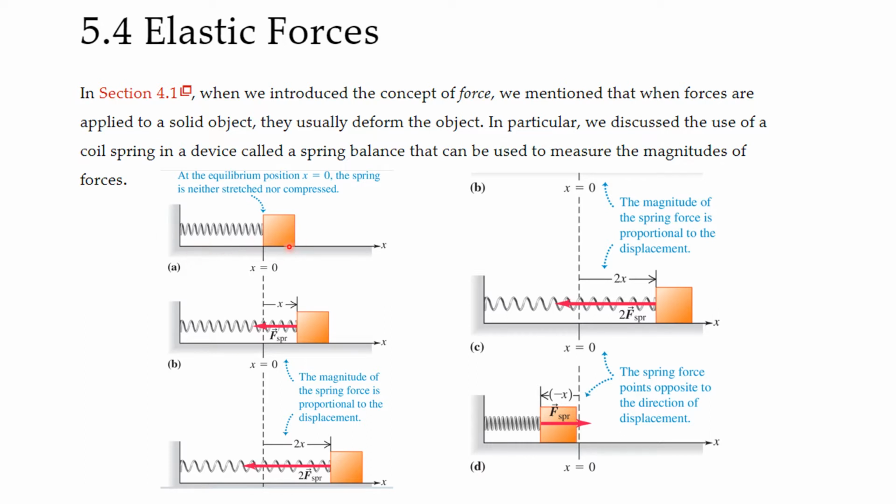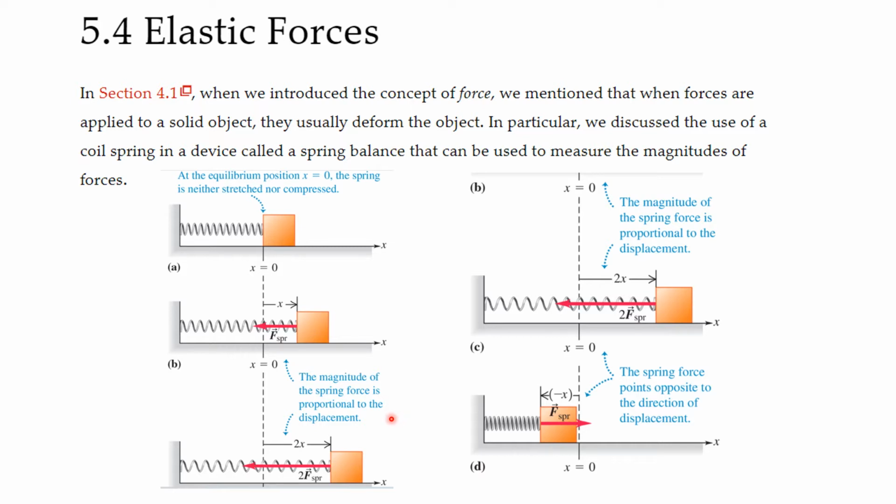So here is a spring attached to a block, and what we have is an equilibrium position which we're taking to be x equals 0, and the spring is neither stretched nor compressed. But now we're going to take this spring and pull it this way. The magnitude of the spring force is proportional to the displacement. Again, this can be verified by experiments.